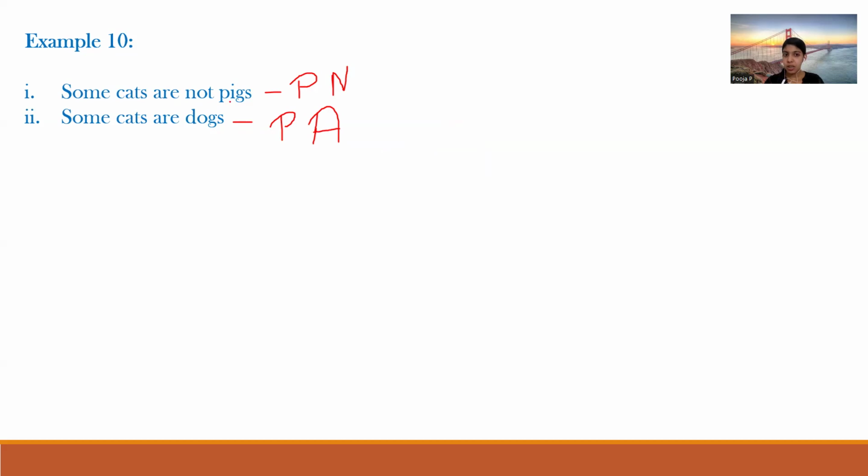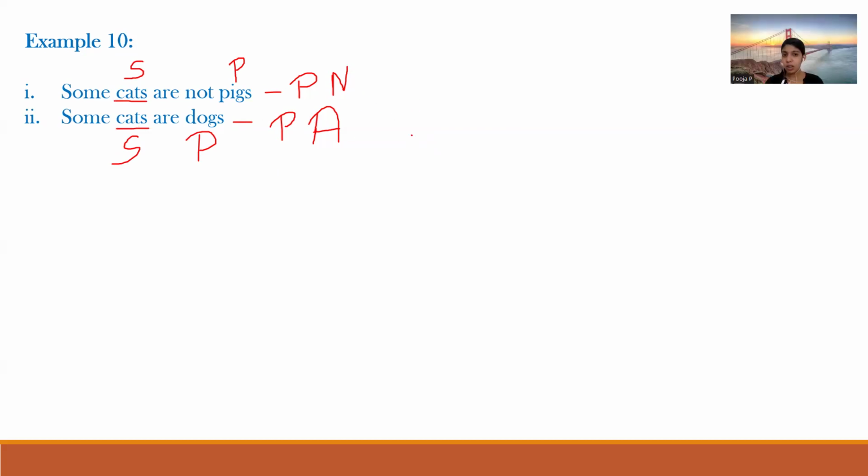In premise 1, cats are the subject and pigs are the predicate. In premise 2, cats are the subject and dogs are the predicate. The middle term will be cats.